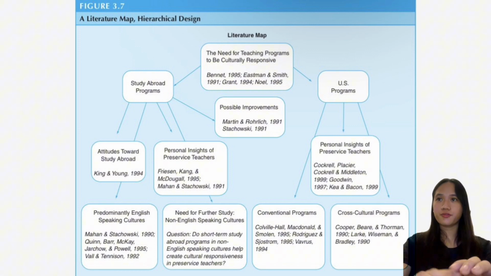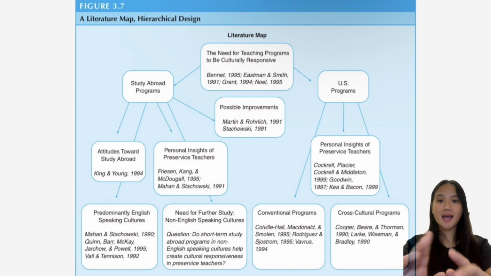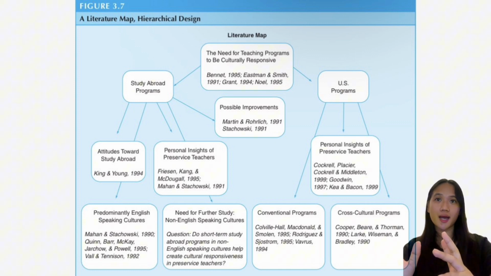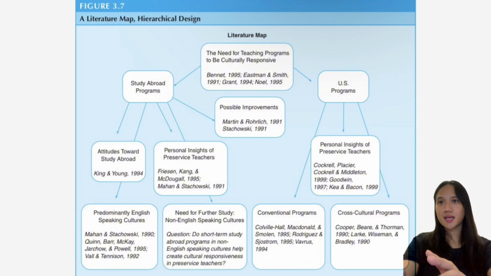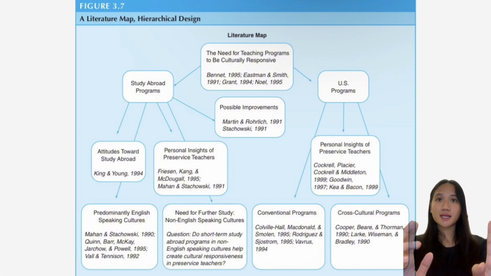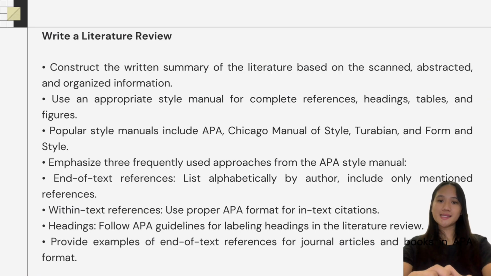We have figure 3.7, which is the literature map hierarchical design. That is the example of the hierarchical design in a literature map. While figure 3.8 is a literature map circular design. Lastly, we have writing a literature review.